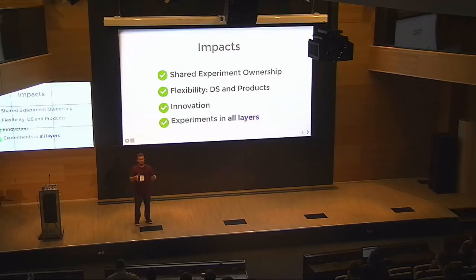You have all the flexibility. So now we have the design system teams and the products doing all the experimentation, all the A/B testing, which we never did before. So design system was a platform with all the main components, but they were not able to do any A/B testing, and now we are. So that means that we can do any type of innovation that we want to. And more than this, we can experiment in all layers because we don't have any friction between those.